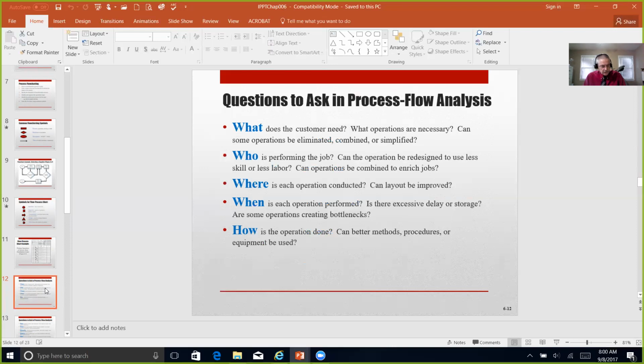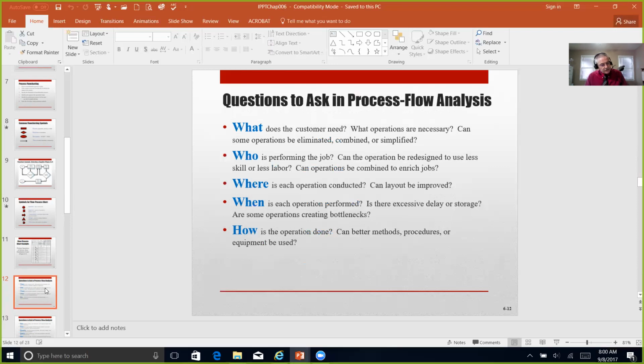And once you've created the flow chart to help you identify those parameters, those boundaries, then you can analyze, hopefully, the insights into how that transformation process can be looked at, evaluated, and improved given a specific improvement goal or specific measurement. A systematic approach should be followed to analyze the underlying transformation process. And this is epitomized by asking the questions in tables 6.1 and 6.2 over on page 120.